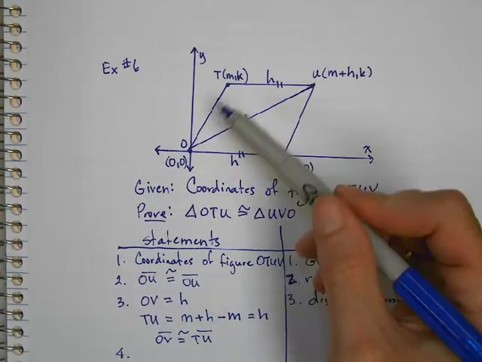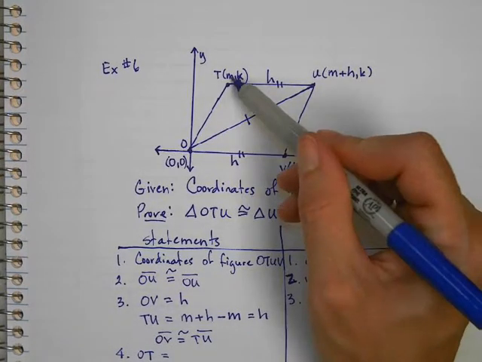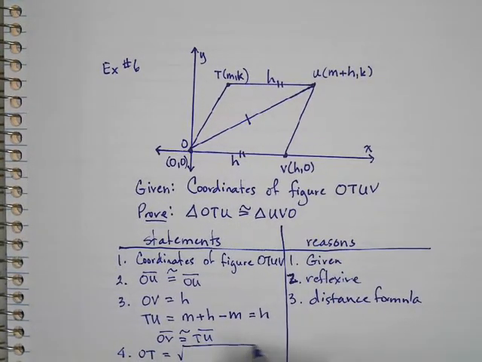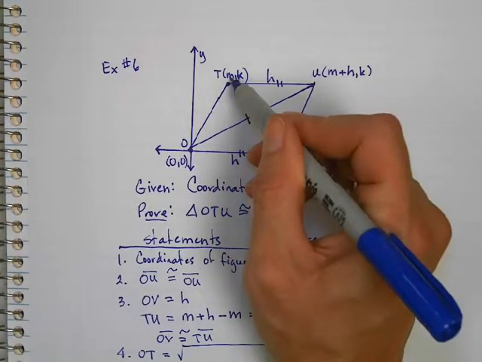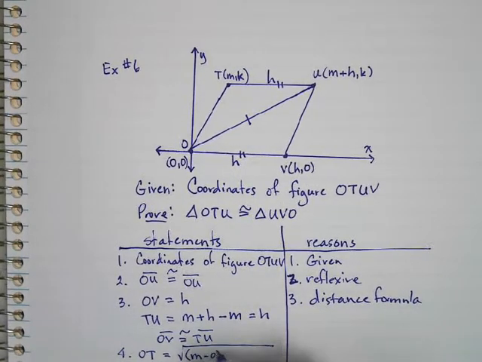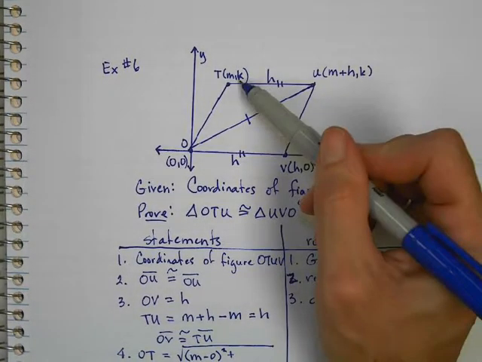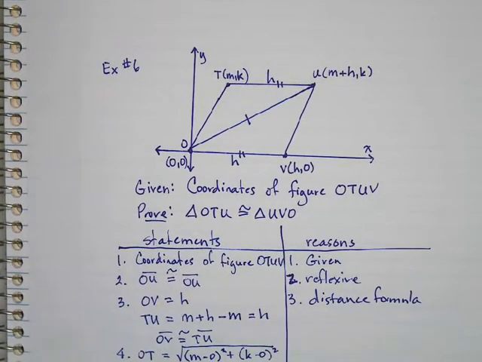So let's use the distance formula. This is the distance of OT. The distance formula is the square root of x2 minus x1, so that's going to be m minus 0 squared plus k minus 0 squared.